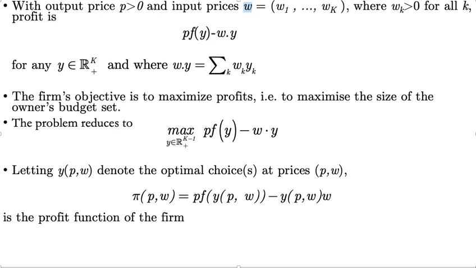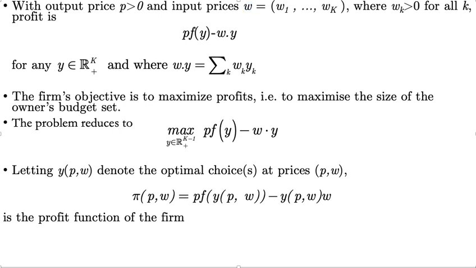Okay, if you look here, the idea is to find how much output should be produced, and what price should be charged in the market, if it is not given, if it is determined in the market or whatnot, so that we know how to maximize profit. That's the idea, yeah?